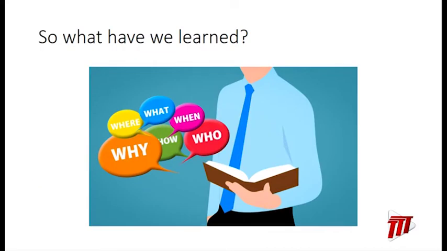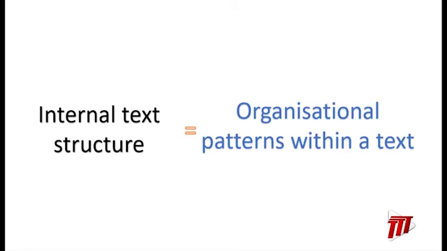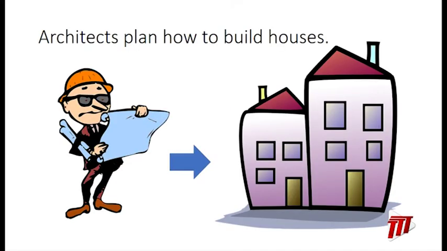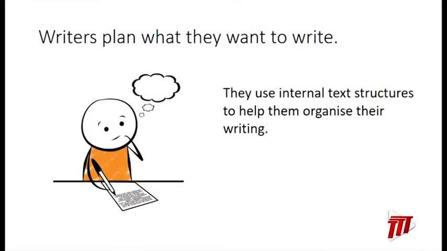And what have we learned overall in this series? We've learned that internal text structure has to do with organizational patterns within a text. We've also learned that as architects plan how to build houses, writers plan their writing. And if they're writing informational texts, they use internal text structures to help them organize their writing.